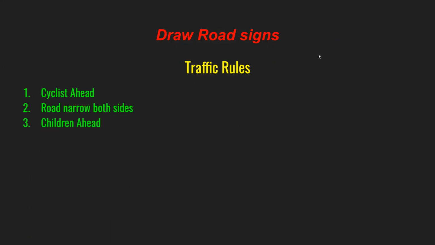Number 3, children ahead. Sometimes schools are on the main roads, then this sign is what most of you see for children ahead. You have to draw these 3 signs. I hope all of you understand.